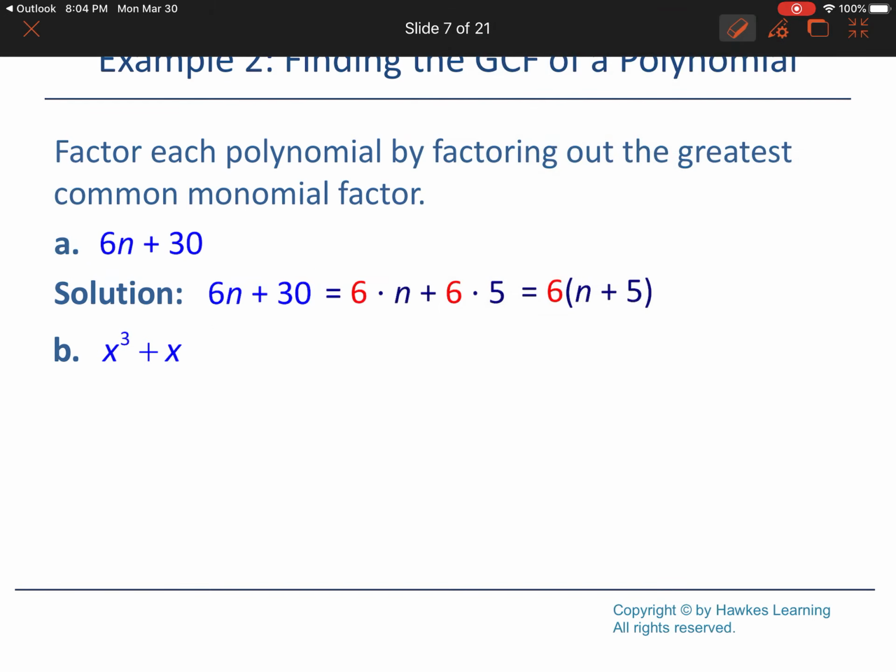All right, so here's our next problem. Let me erase some of my marks here that I have in the way. All right, so now what's in common between x cubed and x? Well, there's no number, so it's all down to the variables, and we just are going to pull out an x.